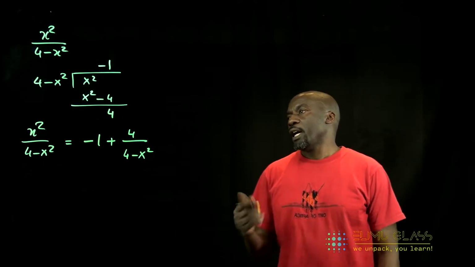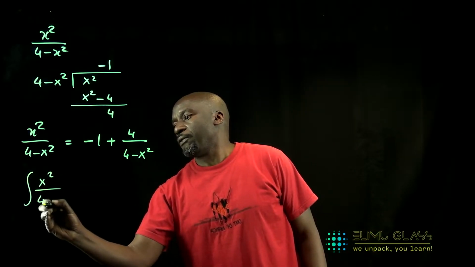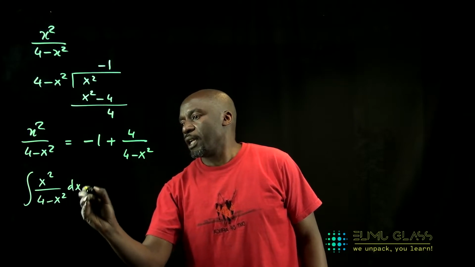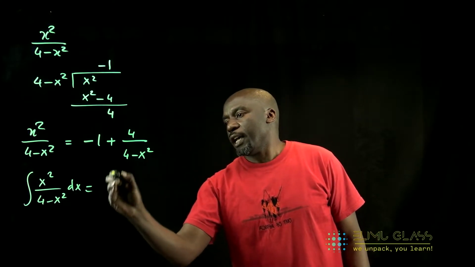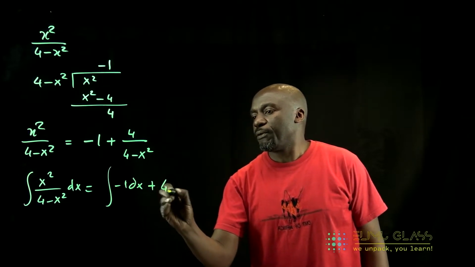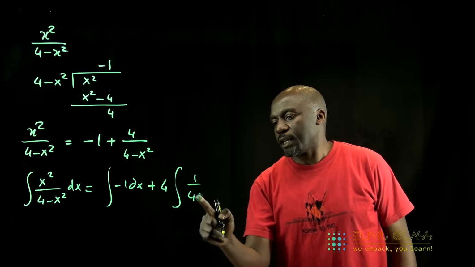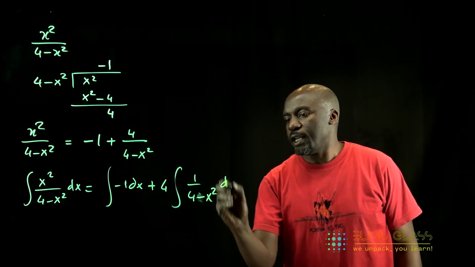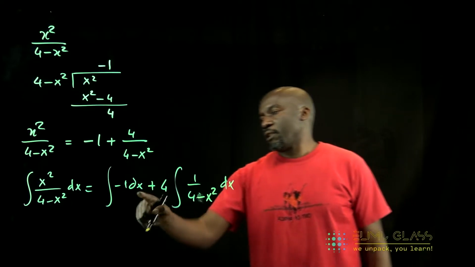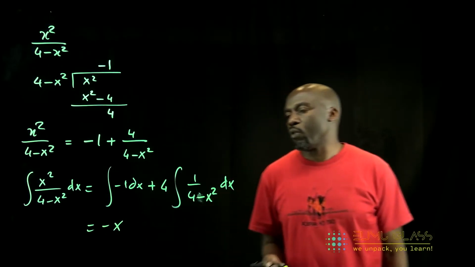That's really it. And so if we're going to find the integral of x squared over 4 minus x squared dx, this is just going to be the integral of negative 1 dx plus 4 integral of 1 over 4 minus x squared dx, like that. Well, the integral of that is simply minus x plus c.